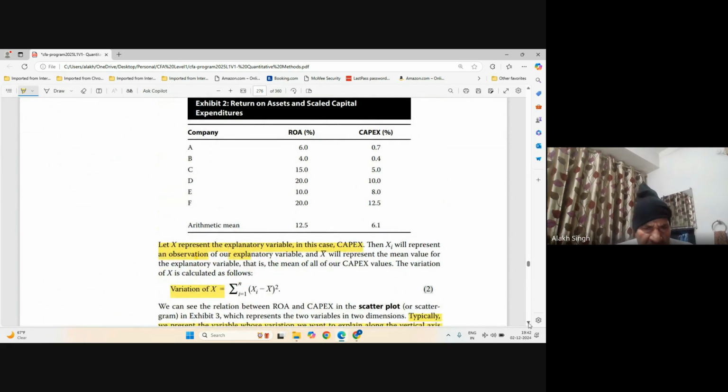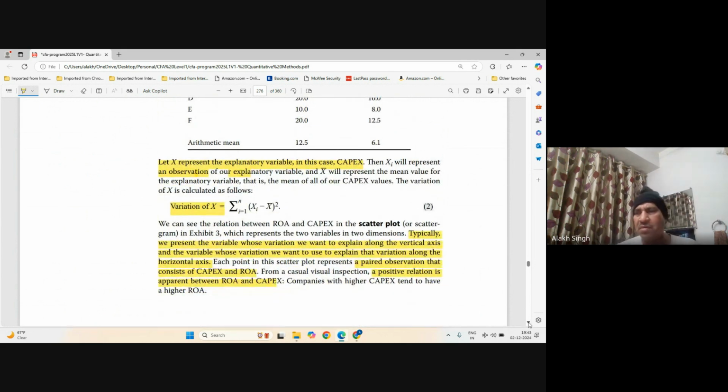Here the data is for companies, ROA is the dependent variable, and capex, capital expenditure, is the independent variable. Their mean is this. This one is the x variable, and the total variation of x is the sum of (xi minus x bar) whole squared.